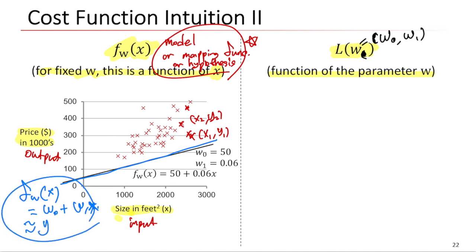Here's an example. If W0 is equal to 50 and W1 is equal to 0.06, then our mapping function would be 50 plus 0.06 times x.